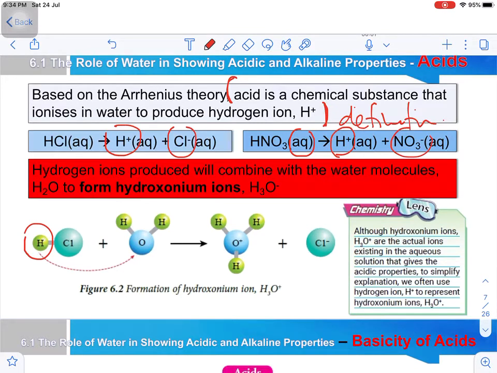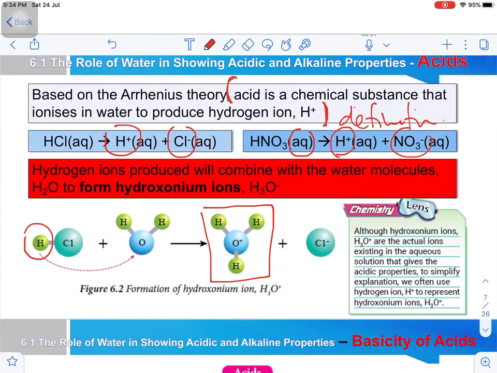So it will produce hydroxonium ion. Actually, hydroxonium is the responsible ion for acidic properties. Okay? That's why water is needed. Without water, there is no hydroxonium ion because hydrogen ion cannot make dative bond without water.